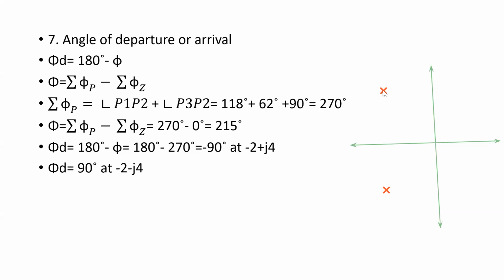So if I have a pole, it will have an angle of departure. If this is the x-axis, the zero axis, what is this angle? This will be the angle of departure.